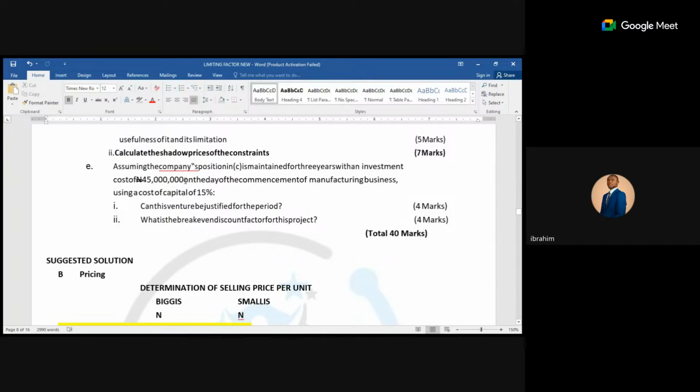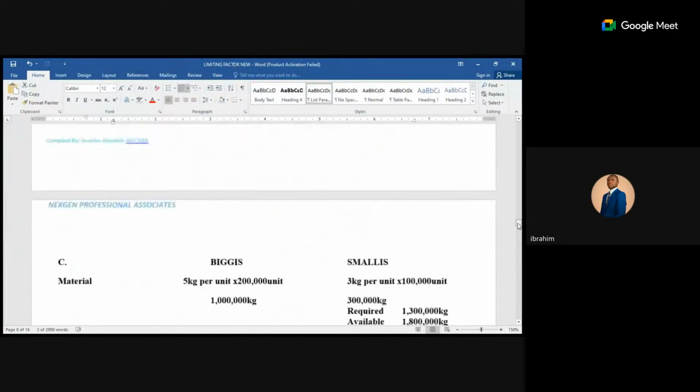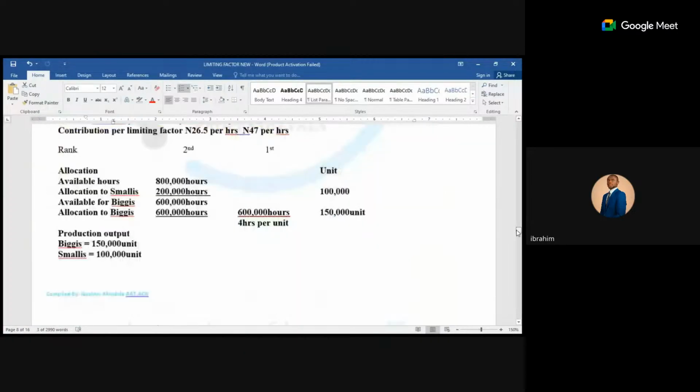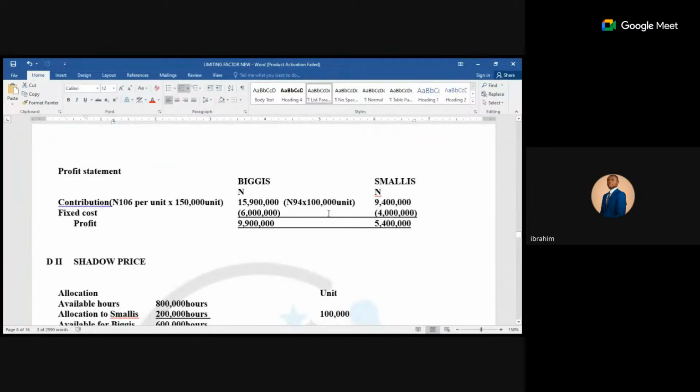Don't forget that this is capital investment. This will take us to investment appraisal. This is your initial outlay. Then they give us the cost of capital of 15%, and they say we should refer to C. What do we do in C? We calculate the resulting profits.